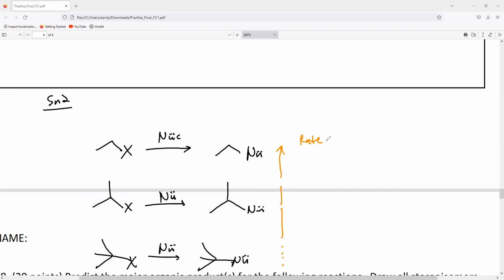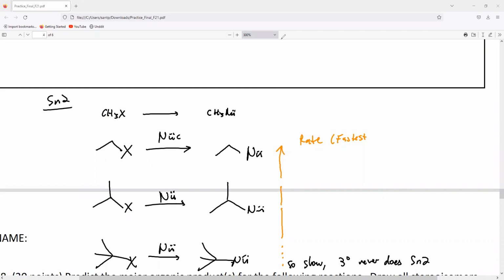And so primary is the fastest, or really methyl is the fastest. So there should be another one here, CH3X, and that will change into the nucleophile. This is by far the fastest, but the slowest is tertiary. And this is so slow, right? Tertiary never undergoes SN2 mechanics.